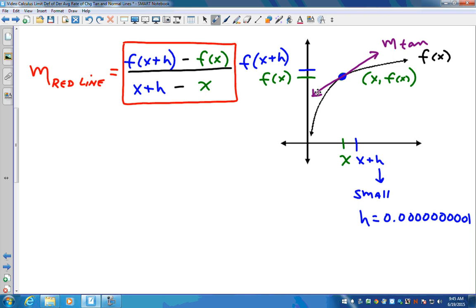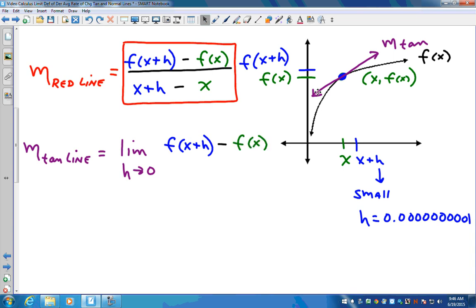So we're going to say that the slope of this tangent line, this purple tangent line, is going to be as follows. It's going to be the evaluation of the limit as h approaches 0 of f of x plus h minus f of x, because again, remember, we have 2 points.